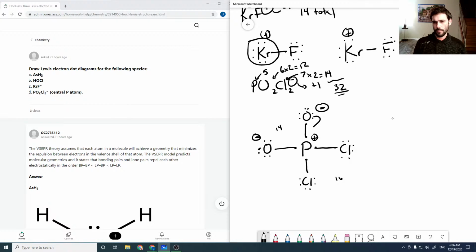The only thing that I will point out is that phosphorus can become hypervalent because it's lower in the periodic table, meaning octet doesn't matter that much. And so this structure might actually be more plausible, even though the octet rule is not satisfied.